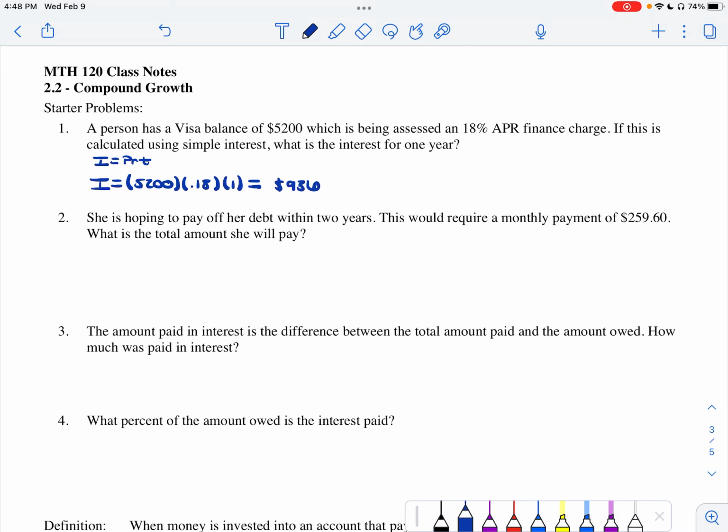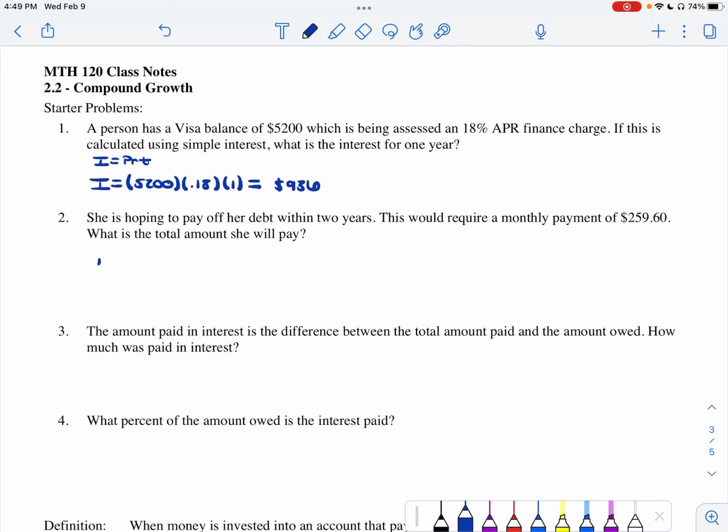Okay. So 18% of $5,200 would be $936. All right, so then the second part of this says she's hoping to pay off her debt within 2 years. So this would require a monthly payment of $259.60. What is the total amount that she will pay?